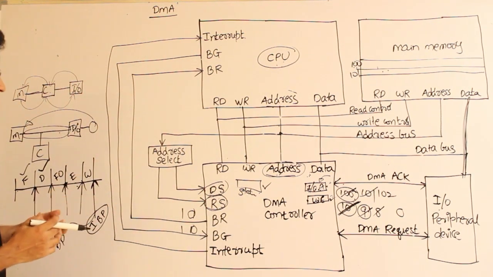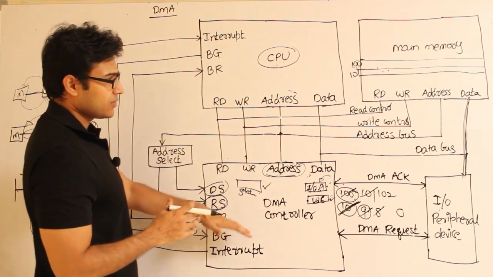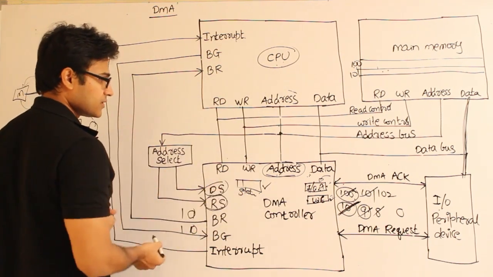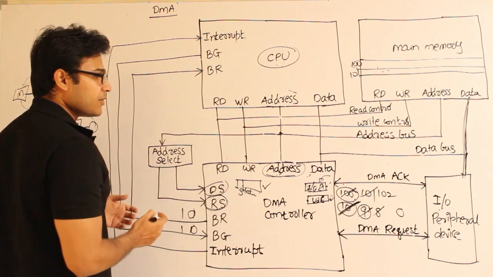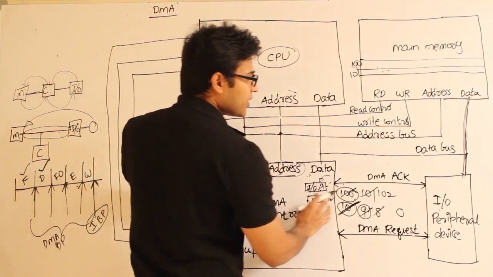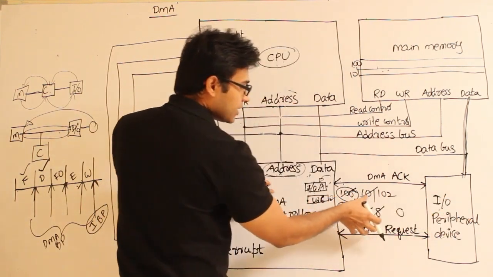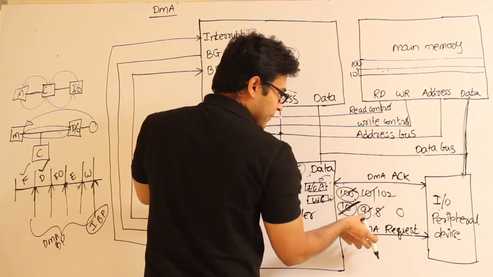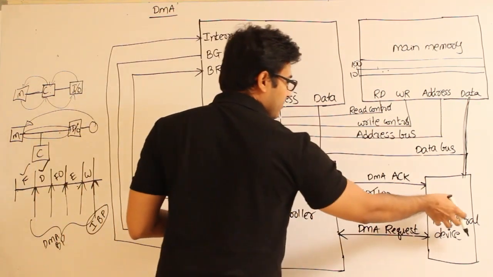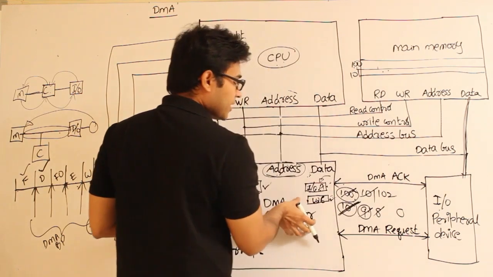What are the various things that might go wrong? While transferring some data there might be some bit errors, so that will be indicated by CRC, right? Or you might have given the work to the DMA controller, and the DMA controller might be waiting for the IO peripheral to perform the action and provide the data, but even after waiting, the IO peripheral might not respond at all to the DMA controller.